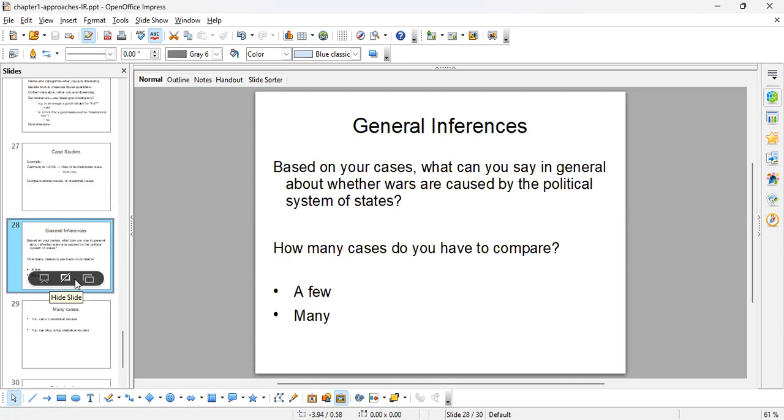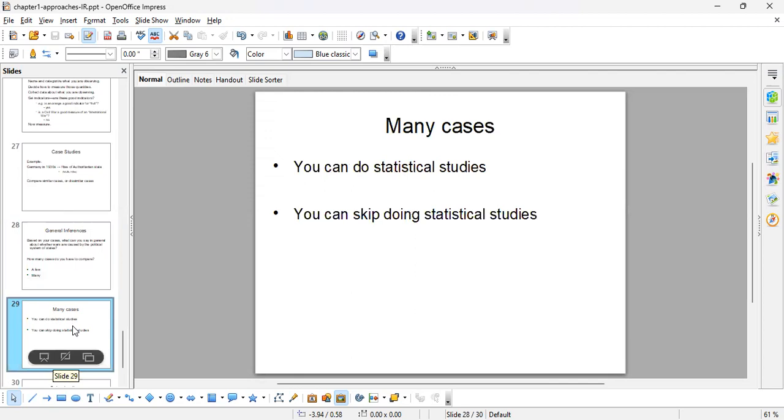How many cases do you have to compare? If you have a few, you can still come to some conclusion. You can make some generalizations about causes of war based on your cases. If you have many, many cases, what do you do with that? Well, if you have hundreds of cases of war, you might be able to do something statistical.